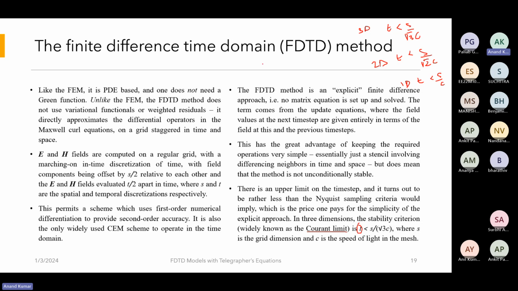And this occurs because, just to give you an idea, for 3D, when we are trying to solve, it involves a cube, right? If this is a cube, and all the sides are s, the length of this diagonal will be root 3 s.